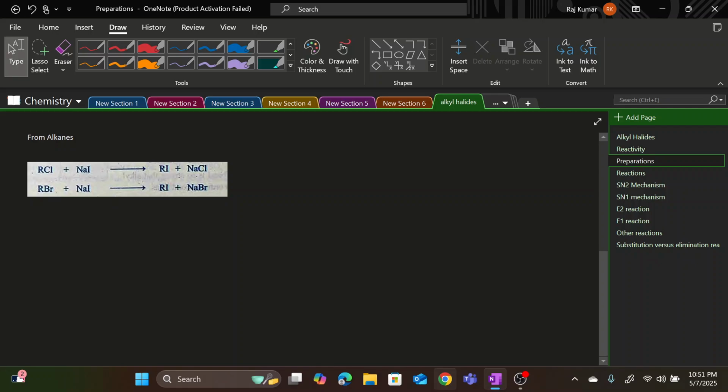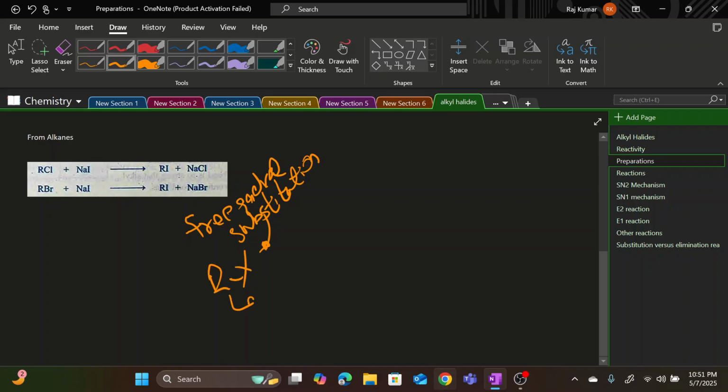And then we have alkanes. We have already studied it as well, that whenever we perform halogenation of alkanes with the help of free radical substitution, at that point we are going to get alkyl halides.